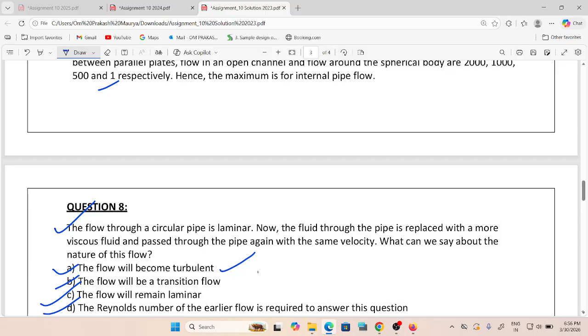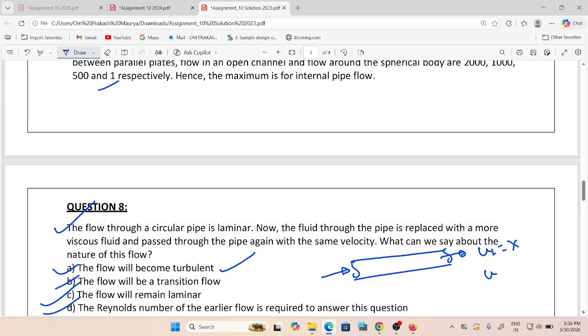So here the question is, you have a circular pipe, a fundamental question. You have a circular pipe and fluid is flowing through it. The fluid is replaced with a more viscous one. More viscous means initially let us suppose viscosity was x.